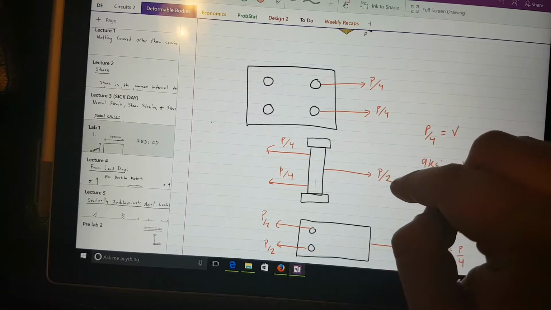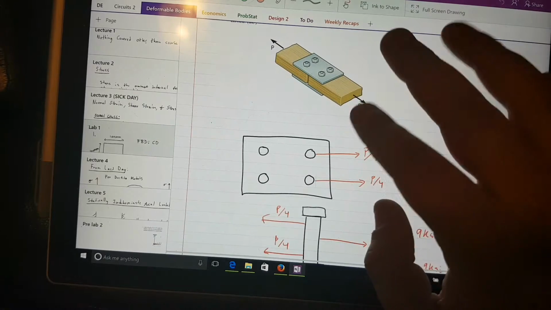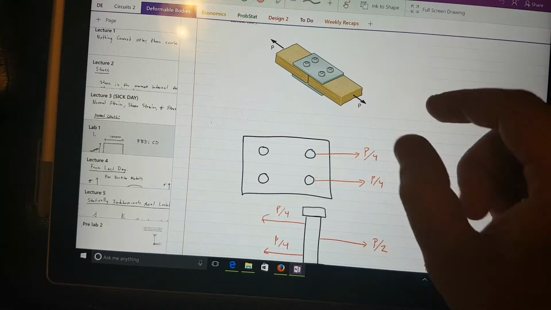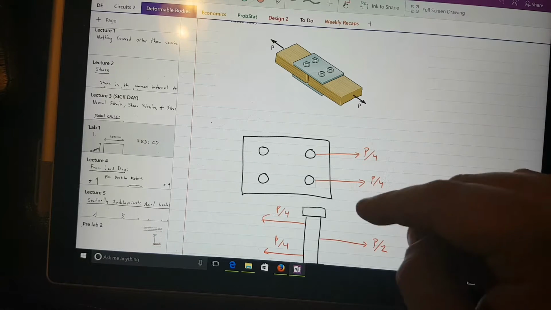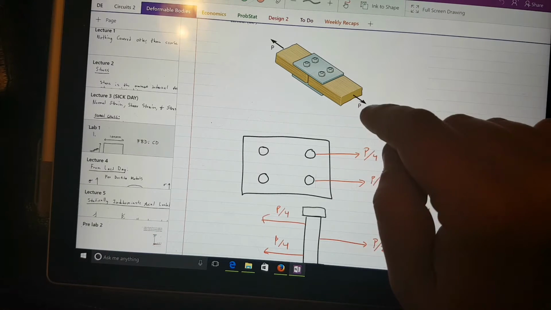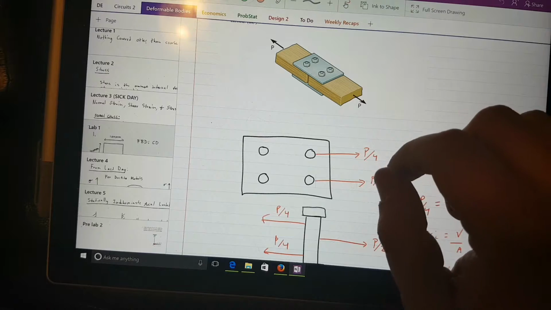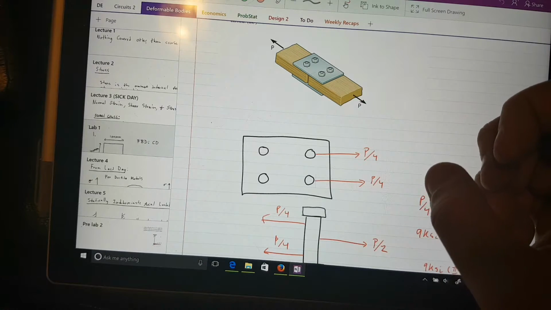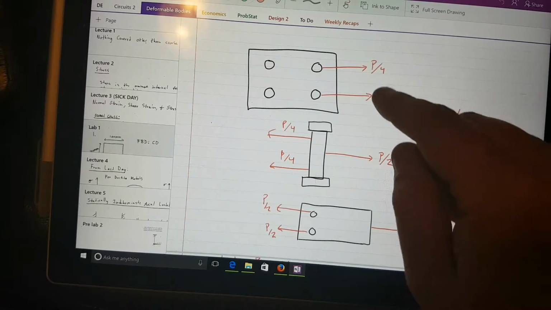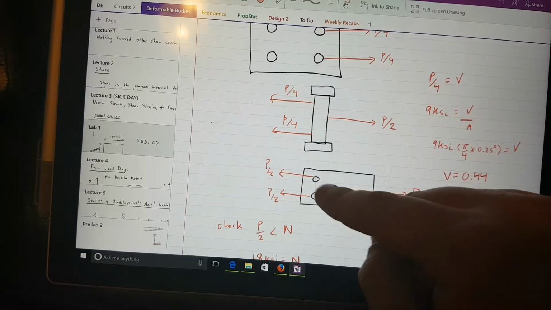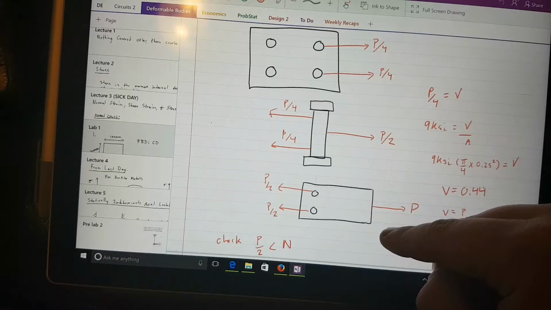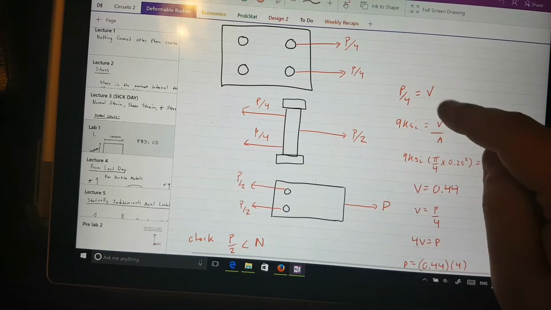There's 2 plates on it with 2 bolts. So it pulls on the 2 bolts, which is P over 2, because it's divided between the 2 bolts. And then those 2 bolts are pulling on 4 holes in 2 different plates, right? So I got P over 4, P over 4, P over 2, and that was my quick drawing. P over 4 equals V.